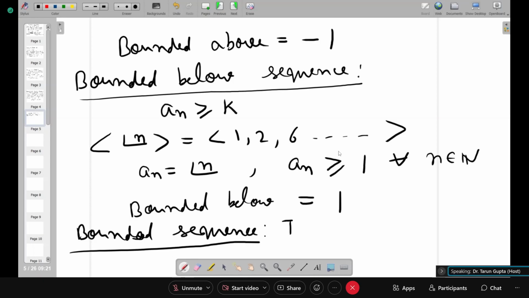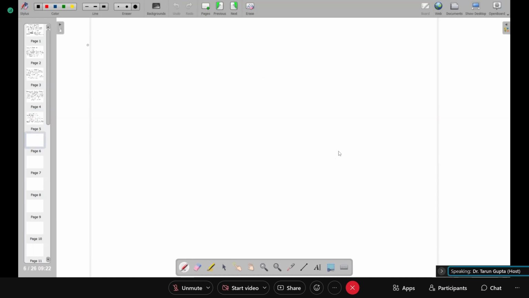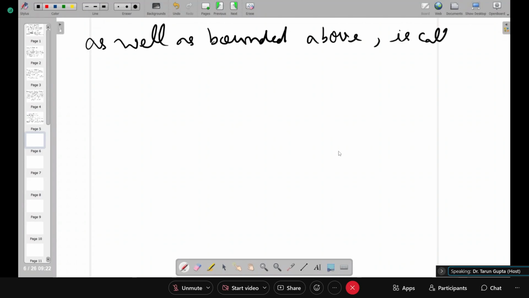The sequence which is bounded below as well as bounded above is called bounded sequence.